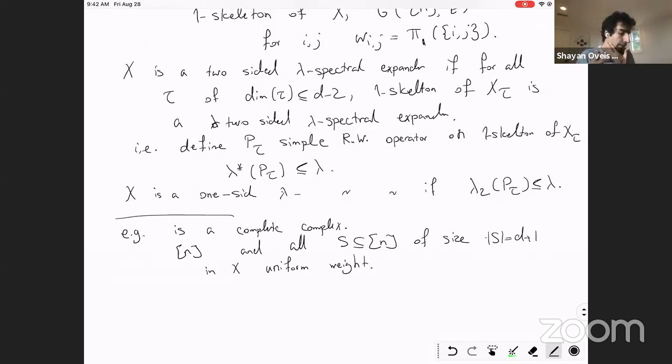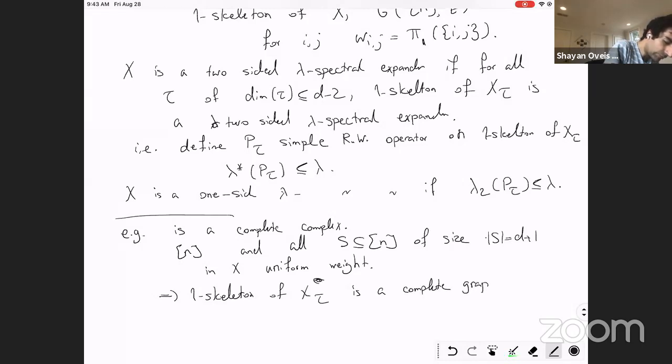Now, if you look at the one skeleton of this complex for any link, the one skeleton of X of tau is a complete graph with uniform weights on edges.